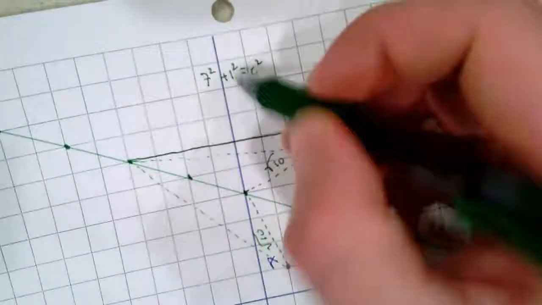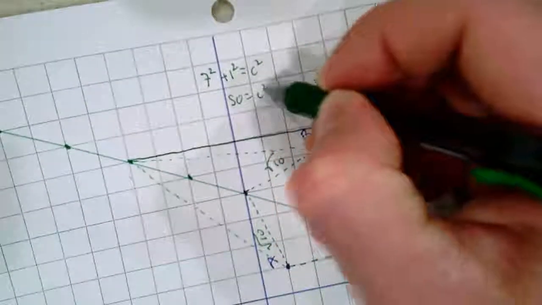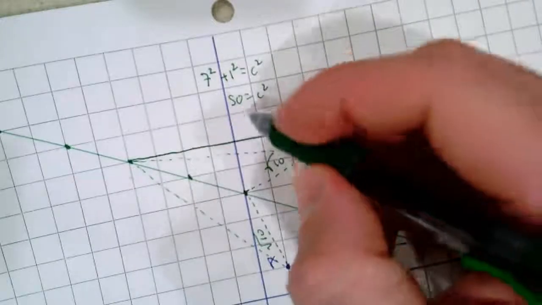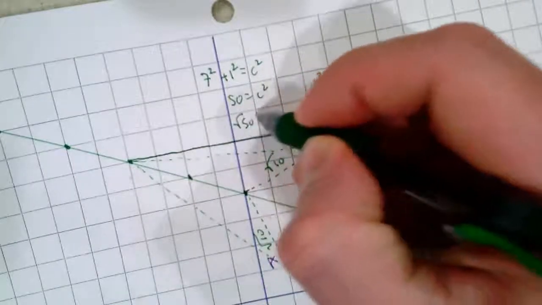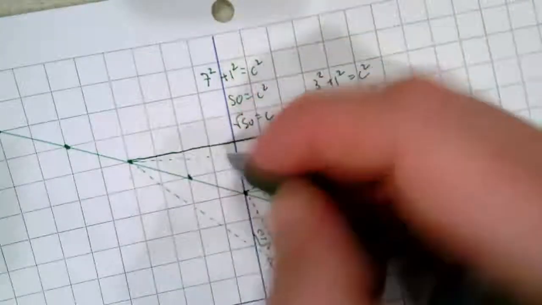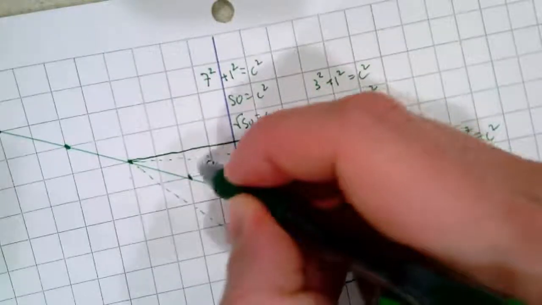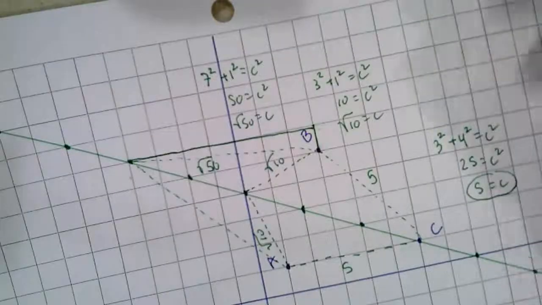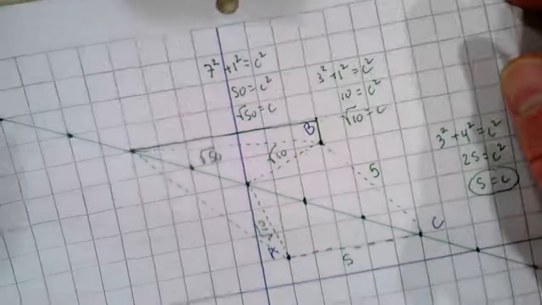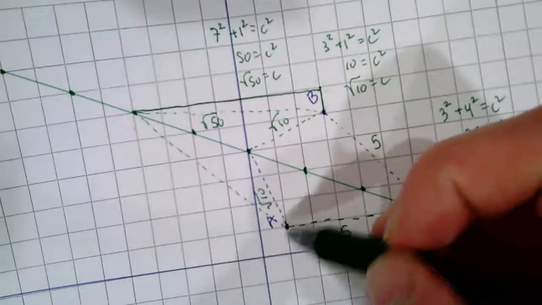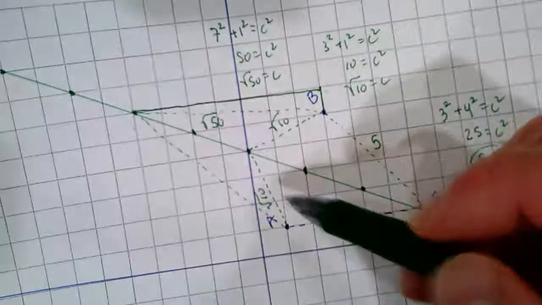That's 49 plus 1, that's 50, equals c squared. So the square root of 50 equals c. So this distance right here is the square root of 50, which is a number just a little bit bigger than 7.